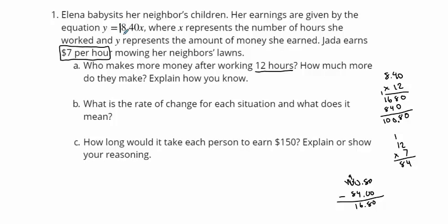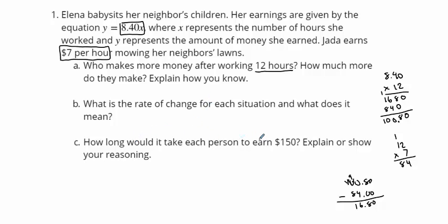And Elena's is $8.40 per hour. So $7 per hour versus $8.40 per hour. And that is how much money they make, right? The rate of change is how much money they make per hour. It's their unit rate, their rate of pay.